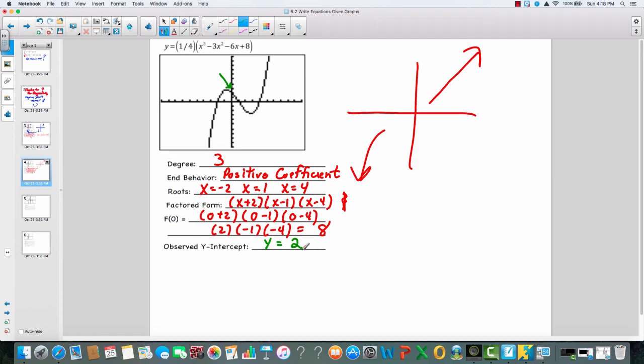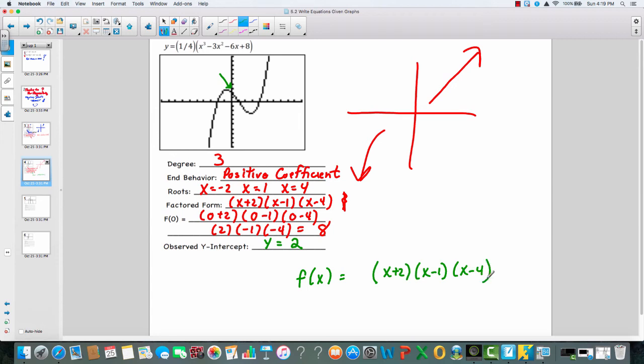So now when you write the final answer, f of x equals, you've got your factored form. It's a positive coefficient, so I'm not going to write anything in front of it. X plus 2, x minus 1, x minus 4.